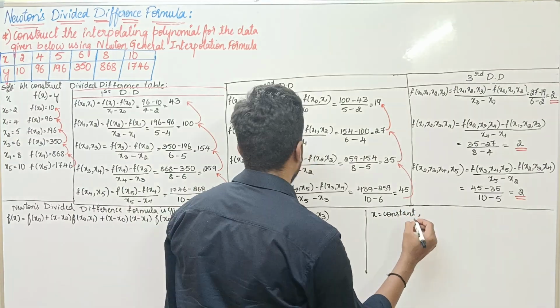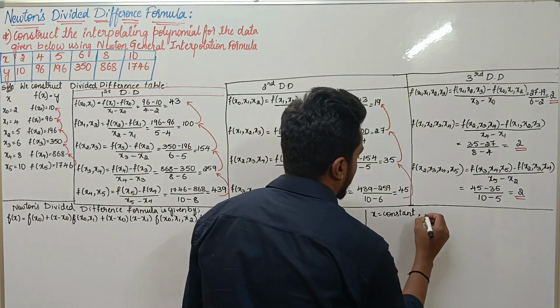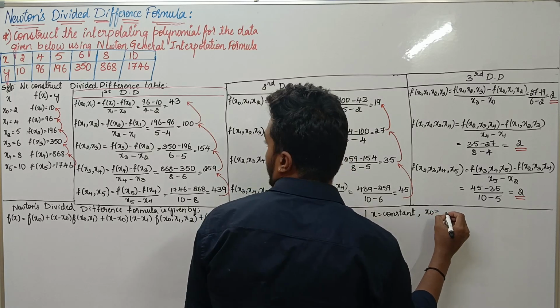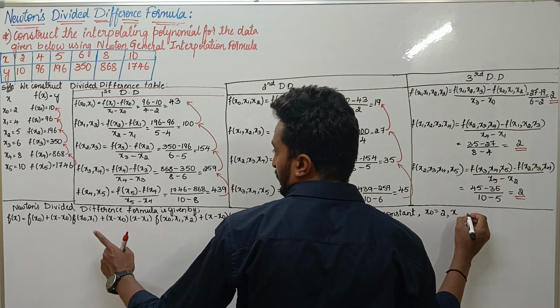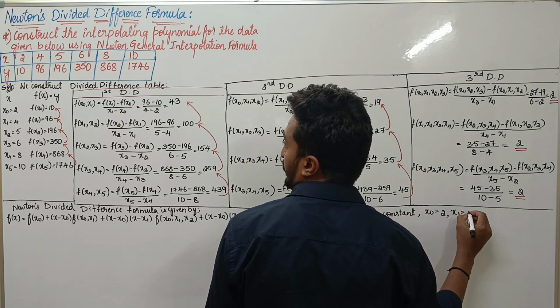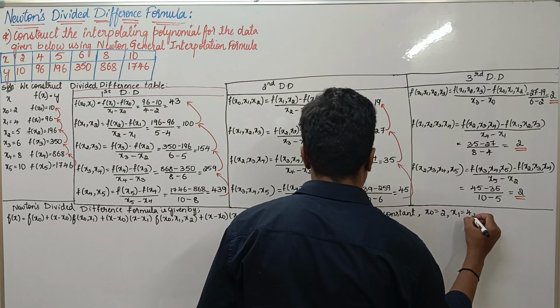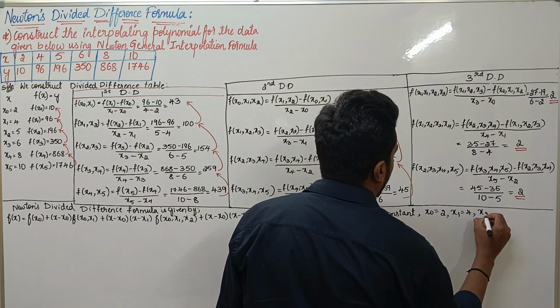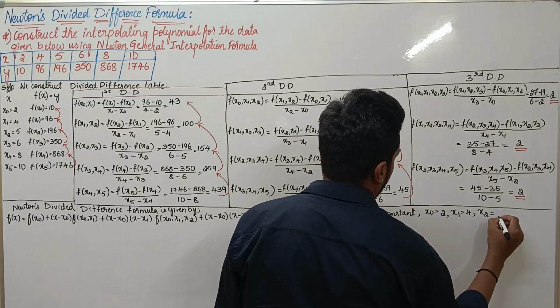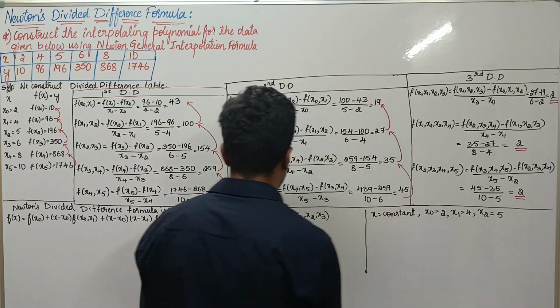Okay, done. Next, let us represent x naught. x naught is equal to 2. Next, x1 is 4, comma, next x2 is 5. Till x2, that's it.